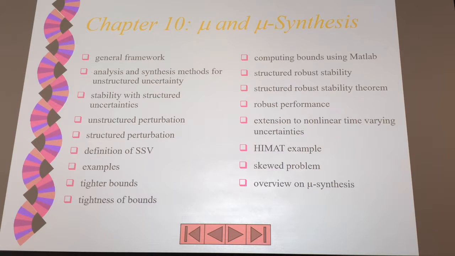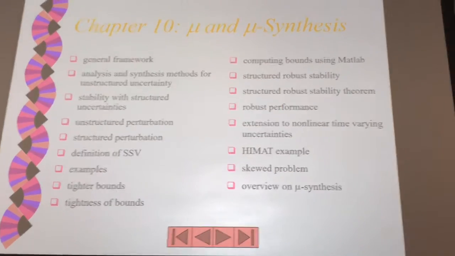You are given a plant, G of S. You want to design a controller. First, this controller must make the closed loop stable. Second, the controller must achieve the closed loop performance, okay? So there are 2 steps in controller design. The first step is to find a family of all such controllers that will stabilize the system. Let me add a little more logic here before we move on, otherwise you get lost very easily.